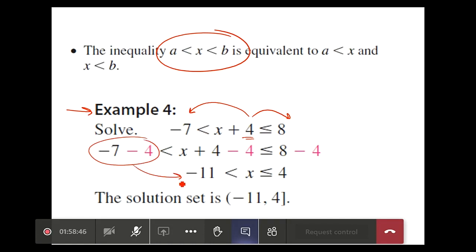We have negative 8 and we have positive 4. So this is the solution of x. Open from negative 11 to 4, x between negative 11 and 4, but open because we don't have equality, open from 11 but closed from 4 because we have equality.